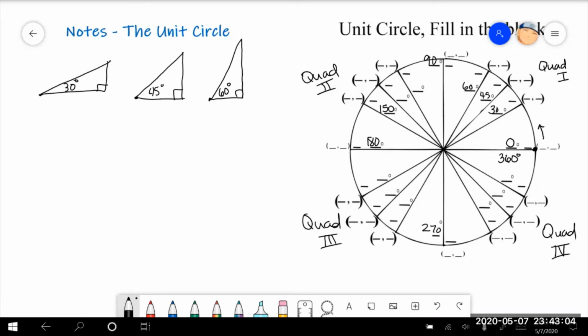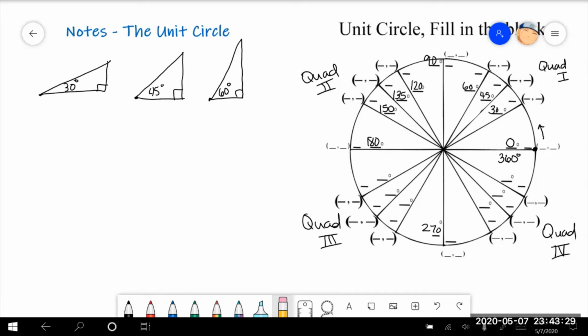So if this one was 60, then I know this should have been 120. 120 plus 60 is 180. And then for the 45, we've got 135. So same thing. If this is 45, I'm subtracting it from 180 to get the leftover.